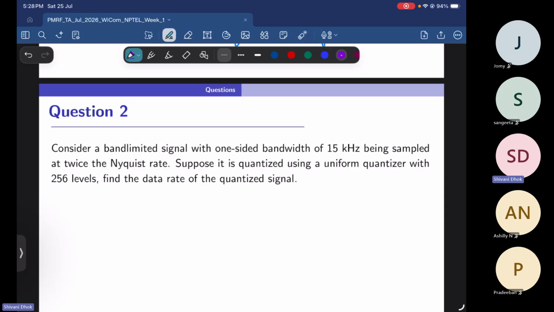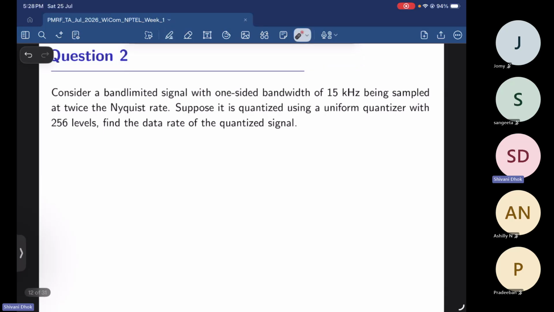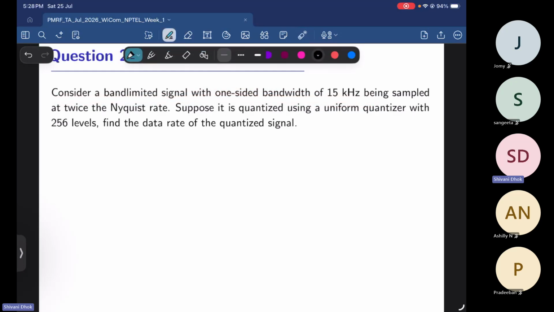Okay, so this is a big question. Let us break it down in parts. The first thing given to us is a band limited signal with one-sided bandwidth of 15 kilohertz. Just for illustration, how does a band limited signal look?